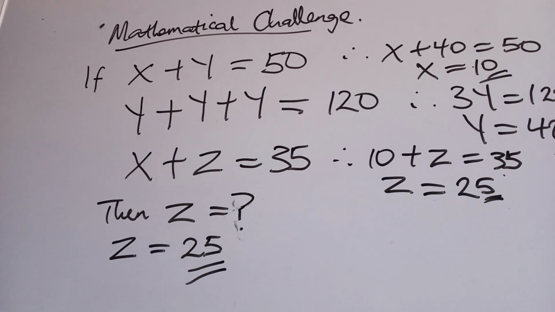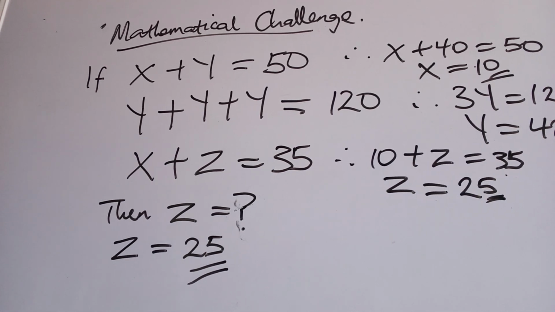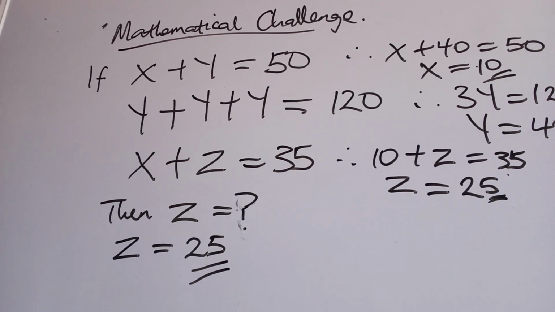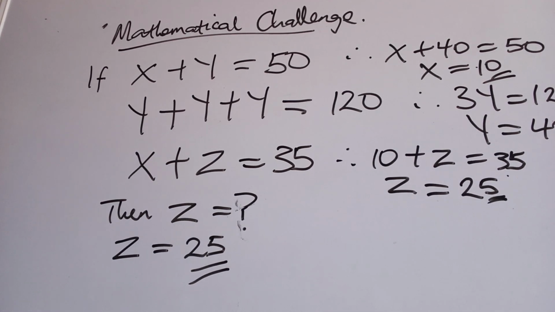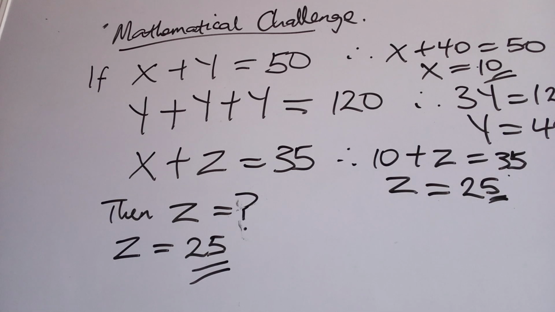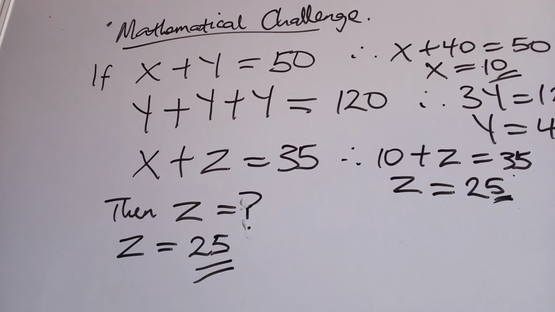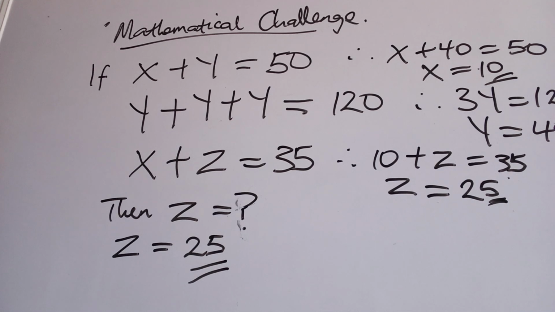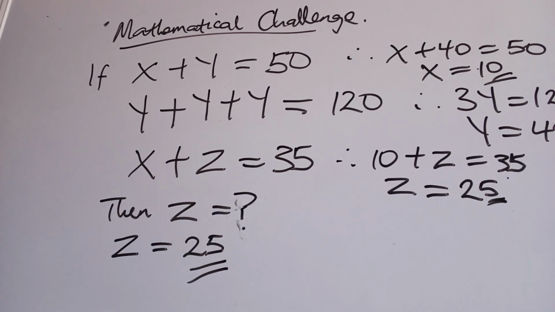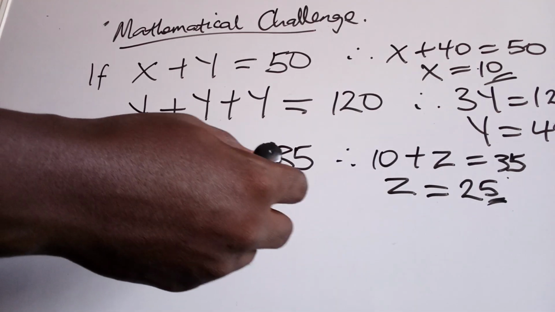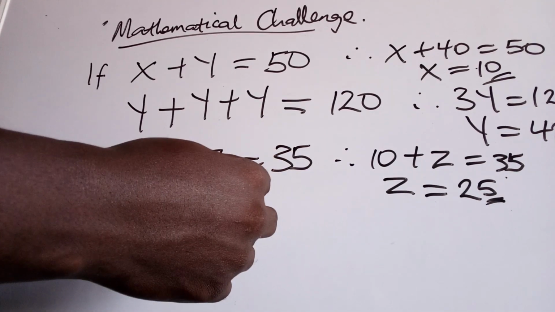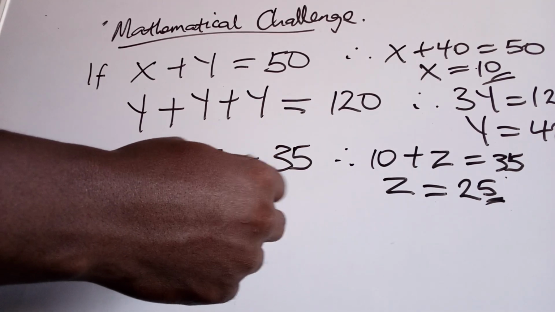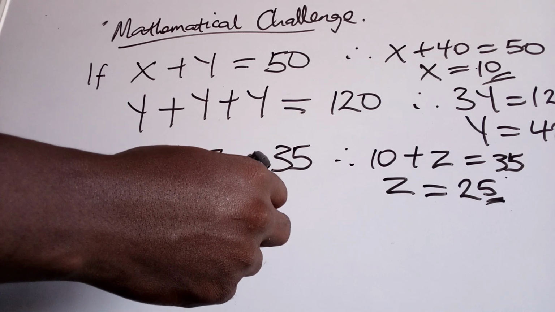If you get the same value as mine, when x plus y equals 50, y plus y plus y equals 120, x plus z equals 35, so the value of z will be 25. The value of z will be 25.